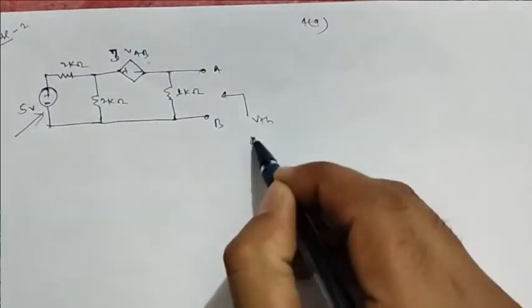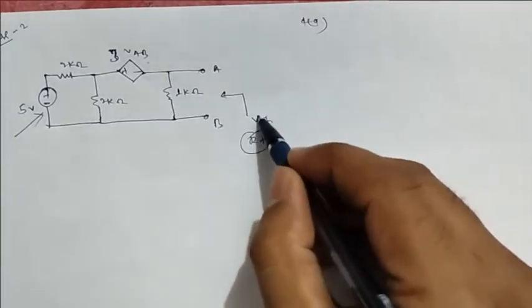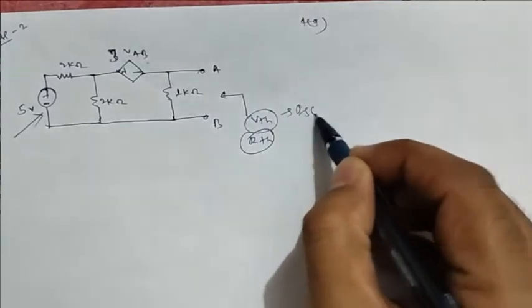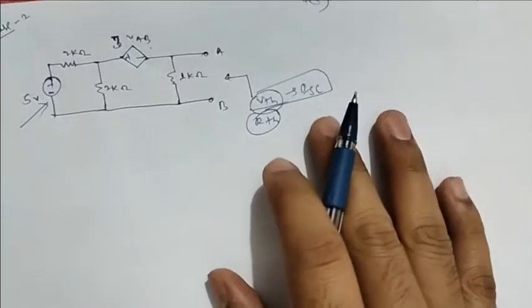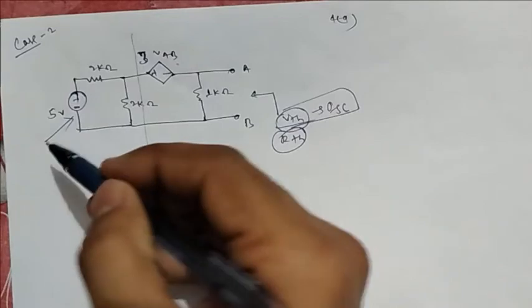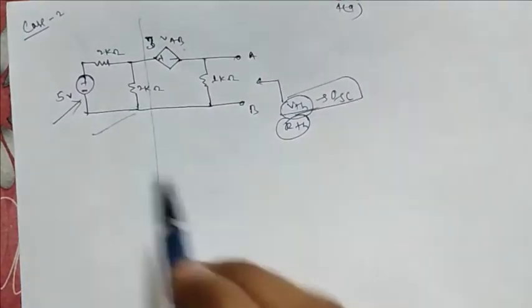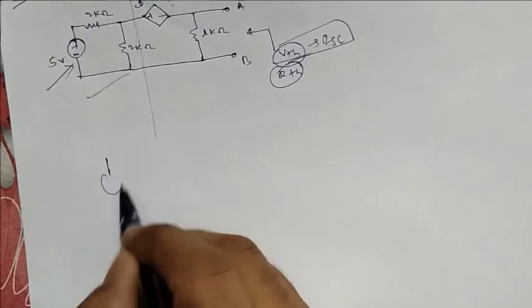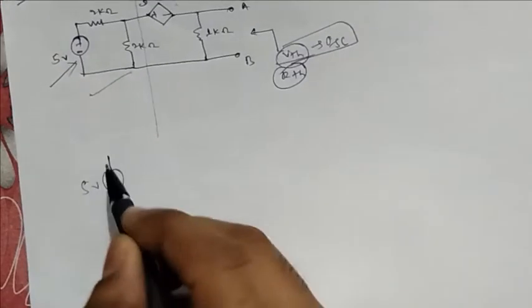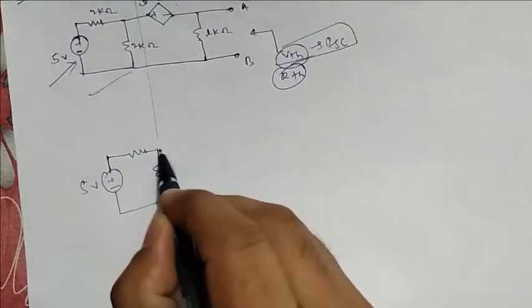Now how do we need to find the VThevenin and RThevenin across this? We will find it by calculating VThevenin and ISC. So what we are going to do is break this into two circuits, because it will be easy to find the VThevenin and RThevenin for this circuit. Now how have we found the VThevenin and RThevenin of this circuit?